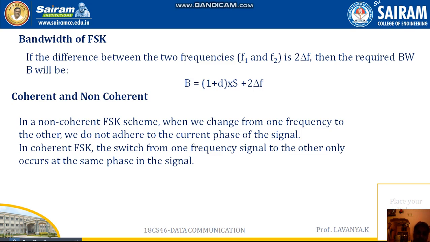The switch from one signal to another only occurs at the same phase in the signal. If the phase remains the same while the frequency varies, that is coherent FSK. In non-coherent FSK, the frequency and the phase do not change in this way. This is the difference between coherent and non-coherent.